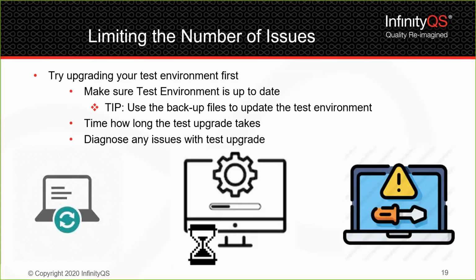In a lot of cases, for example, if the error is missing keys, you could prevent that from even popping up during your production upgrade by fixing those missing keys before you do the upgrade, and so forth. So you can prevent a lot of these issues, or at least know how to handle them beforehand. That's, again, one of the big benefits of testing on your test environment first.